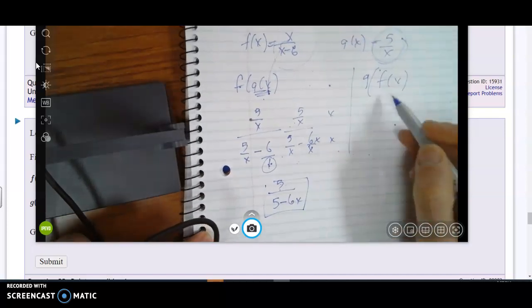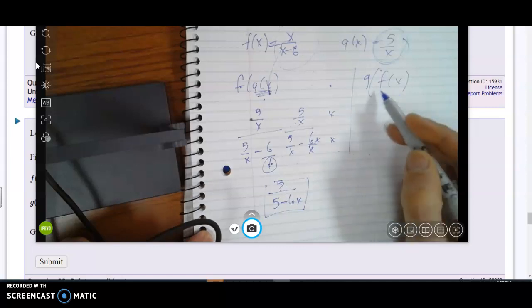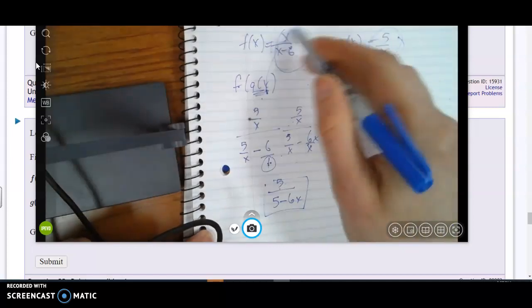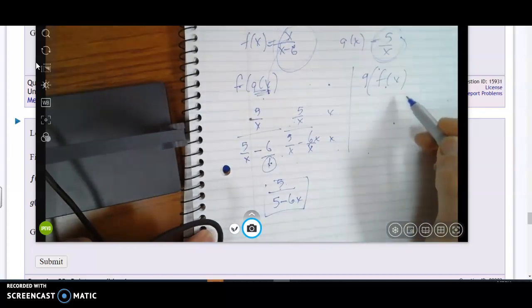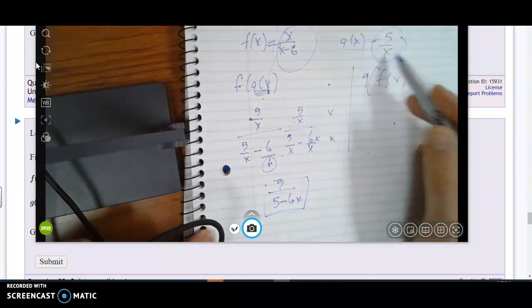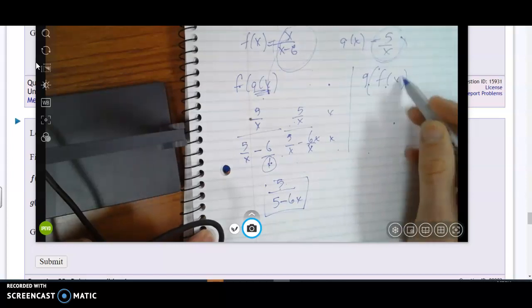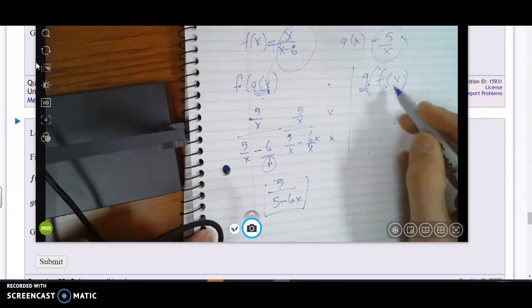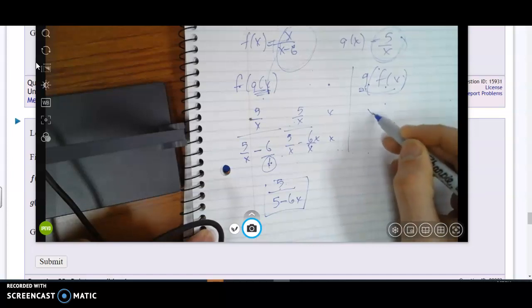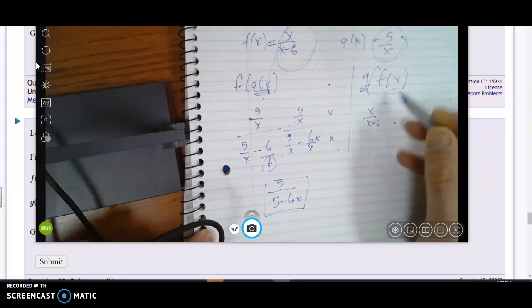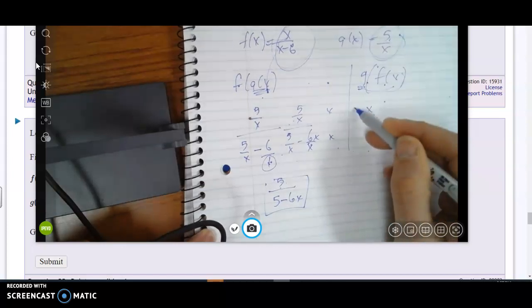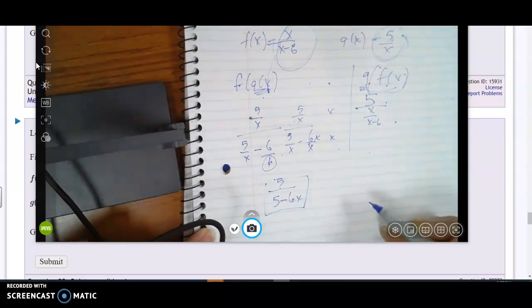Now over here, we have g of f of x. So f of x is going to be x over x minus 6. We put that in place of x inside g. So we take f and we put it inside g. Well, f is x over x minus 6, and that goes in place of this x right here. So it's going to be 5 over that.